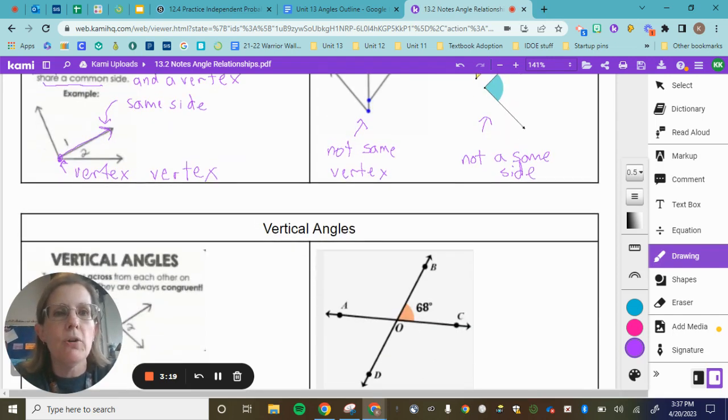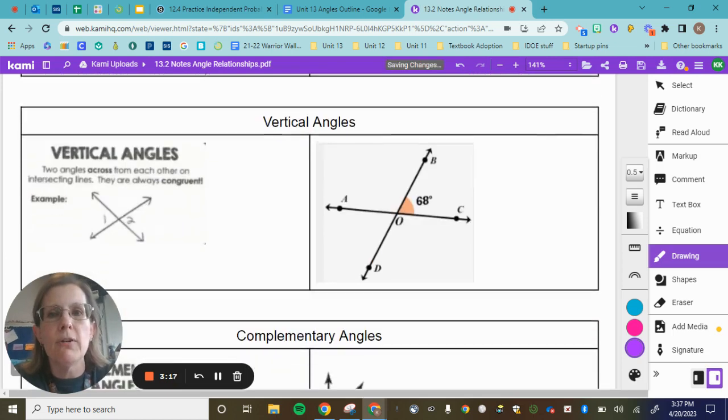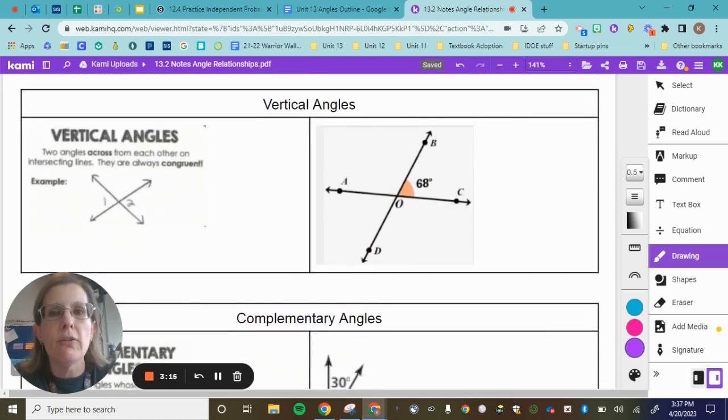The next word is vertical. And vertical angles are angles that are across from each other. So they're across from each other when two line segments intersect. They're also congruent. That means they're equal. So M means measure. So the measure of angle 1 is equal to the measure of angle 2.